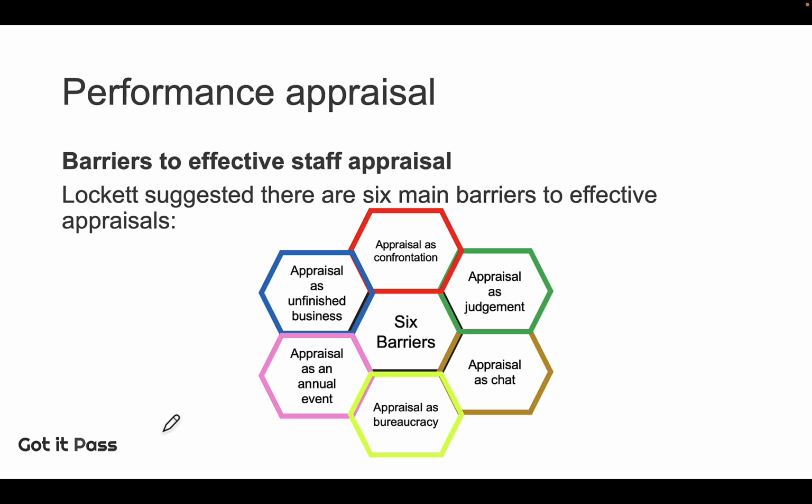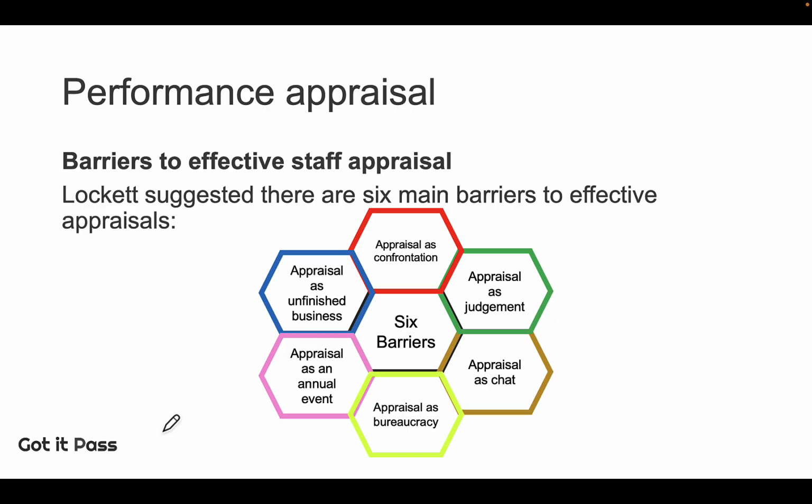First, the appraisal as confrontation. For example, views are different regarding performance, feedback is subjective, and feedback is badly delivered. Assessment is based on yesterday's performance, not on the whole year, and there is disagreement over prospects and solutions.